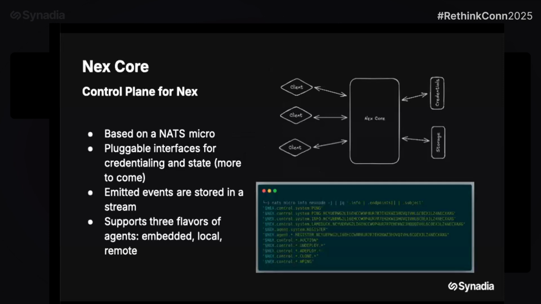So that's essentially what we did. Nex Core is very lightweight, and it's essentially what used to be Nex. You can start it. It doesn't have agent or Nexlet dependencies. But something that's very exciting, and we'll talk about in a minute, is the type of Nexlets we can plug in. We've built some pluggable pieces such as credentialing and state.